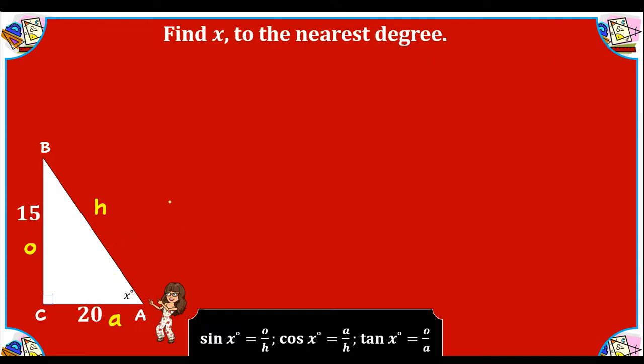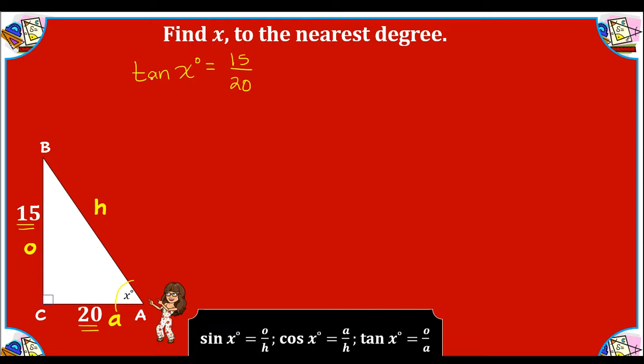Okay, let's try a second one. Our referenced angle remains the same. From this point of view, I've been given the opposite and the adjacent side length. So for opposite and adjacent, the trig function we'll use is tangent. So the tangent of some angle measurement is equal to 15/20.